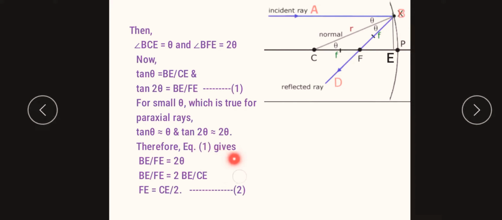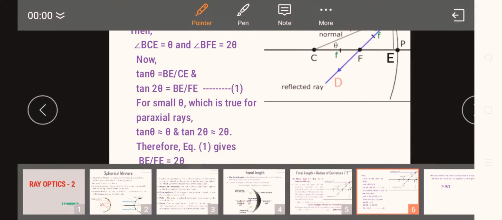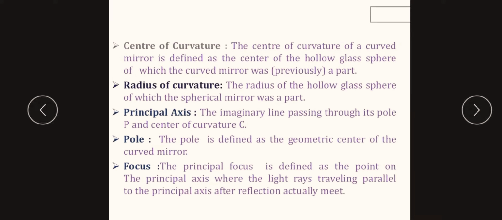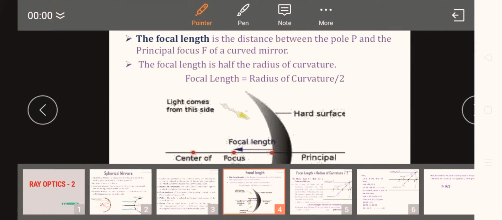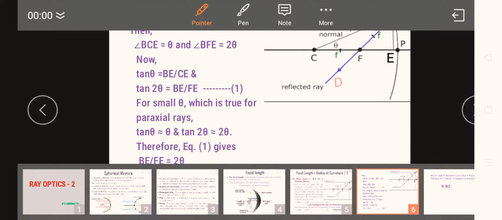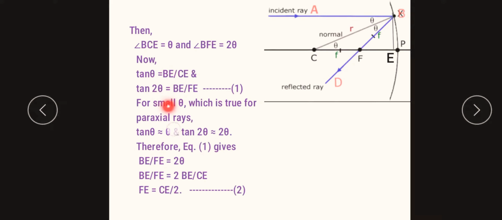Hence equation 1 becomes, BE divided by FE is equal to tan 2 theta.